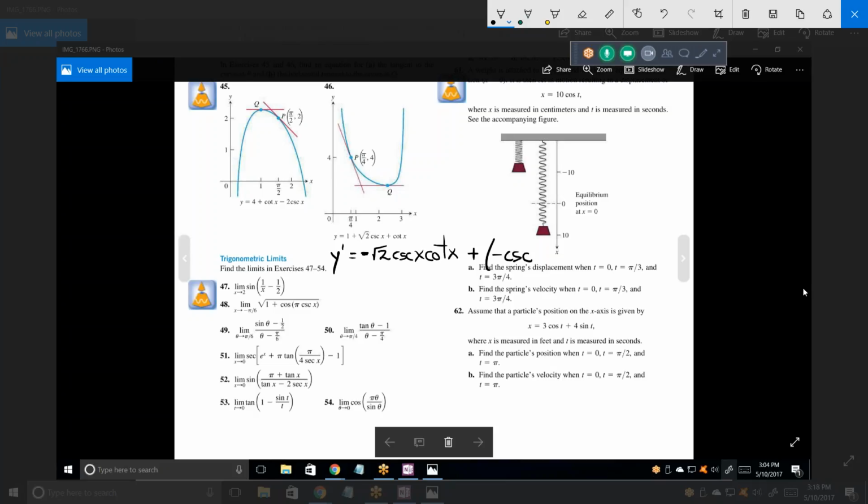Negative cosecant squared x. And here I just need to evaluate it at pi over 4. So, in other words, oh, no, it's the same problem. Also figure out where it's got a 0. Well, let's do the first one. Evaluate it at pi over 4, which means minus root 2 cosecant. I'll just write everything out, and then I'll go back and figure out what they are.